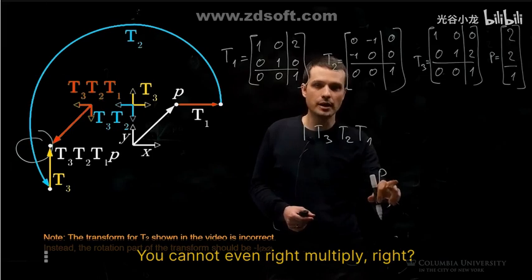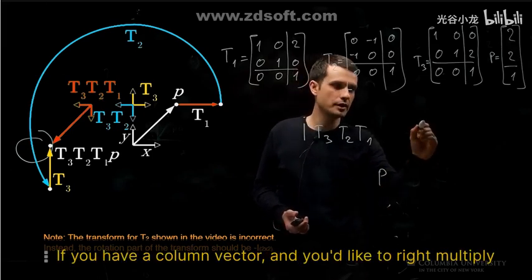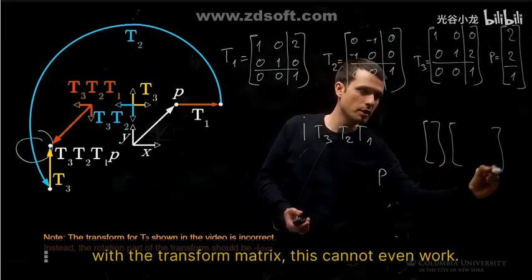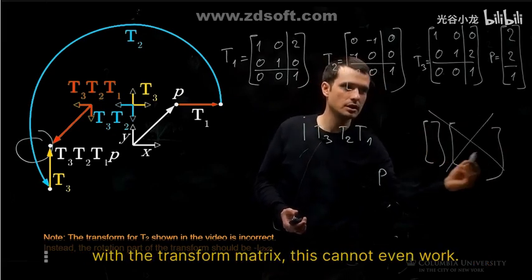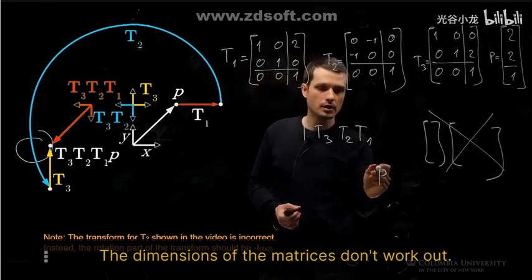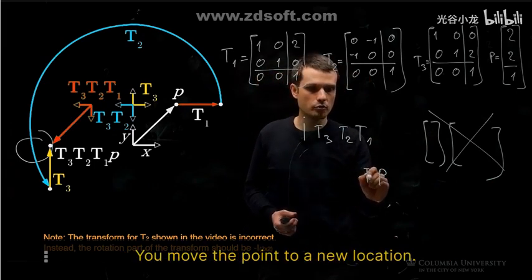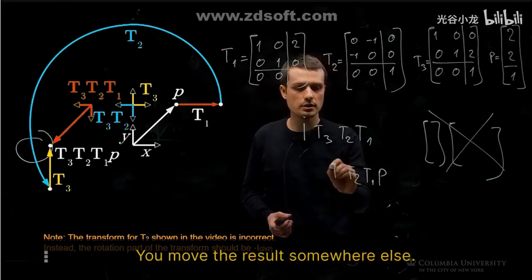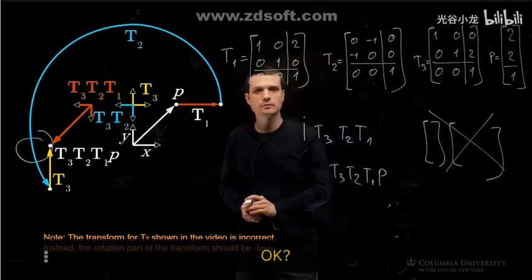You cannot even right multiply, right? If you have a column vector and you'd like to right multiply with the transform matrix, this cannot even work. The dimensions of the matrices don't work. So then you left multiply. You move the point to a new location. You move the result somewhere else. You move it again. Okay?